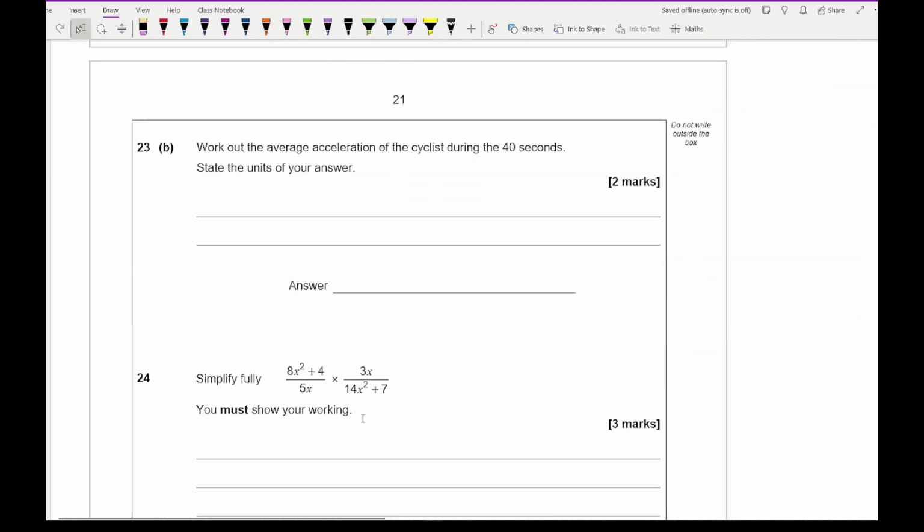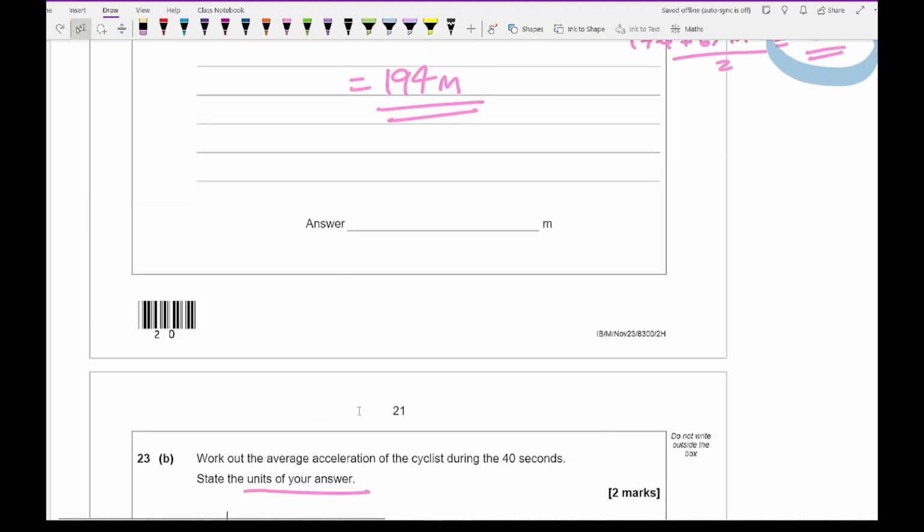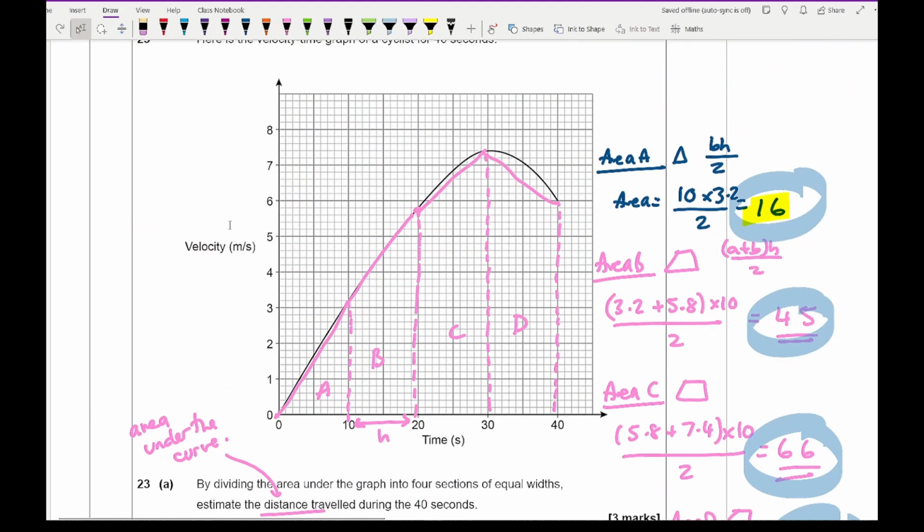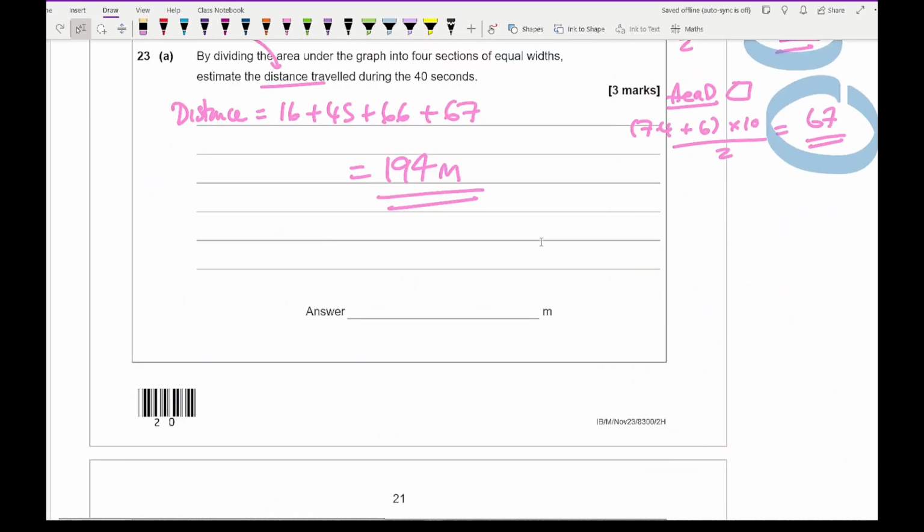Then for question 23, it says work out the average acceleration of the cyclist during the 40 seconds, and you must state the units of your answer. So if I go back to work out the average acceleration, it's basically the velocity over the time.